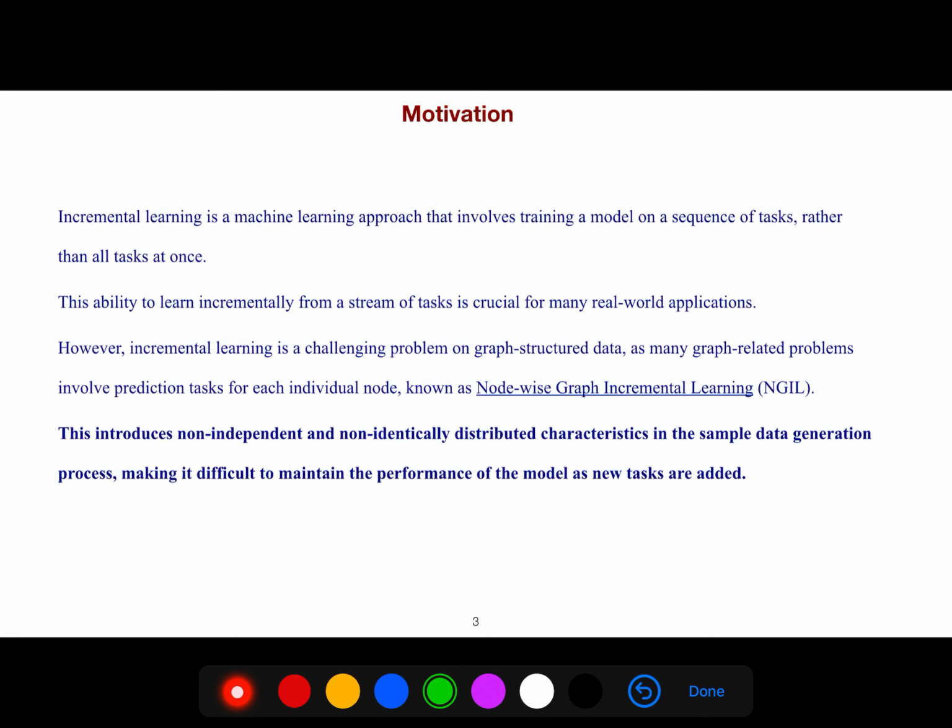Incremental learning is a machine learning approach that involves training a model on a sequence of tasks rather than all tasks at once. This ability to learn incrementally from a stream of tasks is crucial for many real-world applications. However, incremental learning is a challenging problem on graph-structured data, as many graph-related problems involve prediction tasks for each individual node, known as node-wise graph incremental learning.